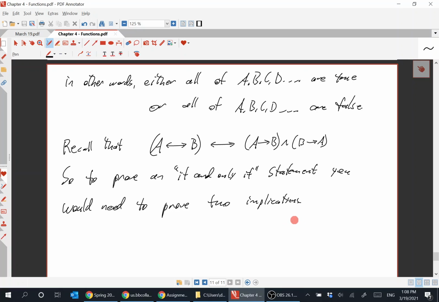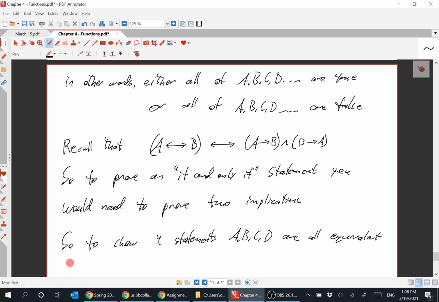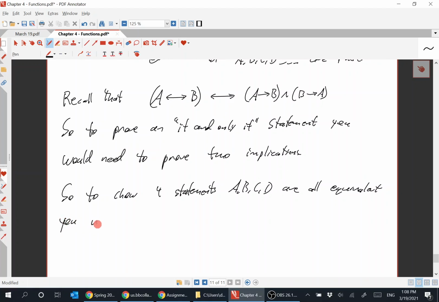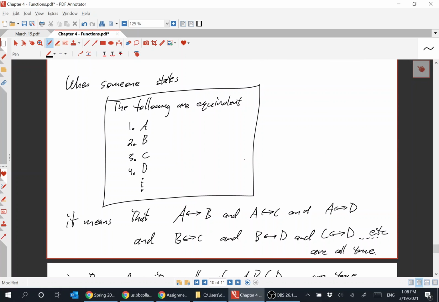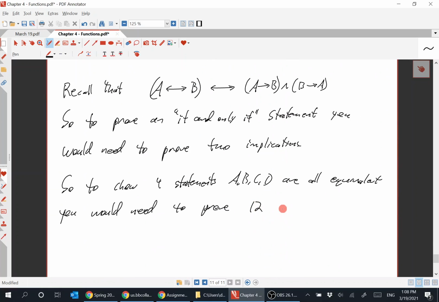Okay, let me say what I just said. To show 4 statements, A, B, C, D, are all equivalent, you would need to prove, oh no, I'm sorry, it's 12. 12 implication statements.